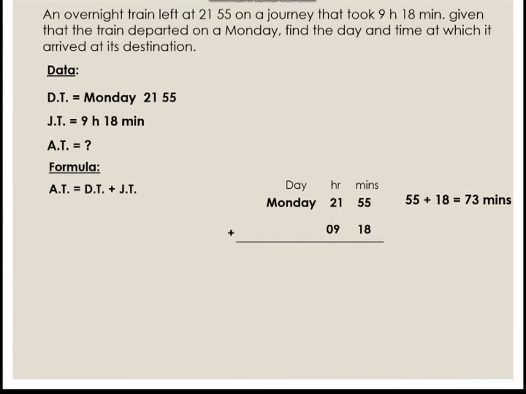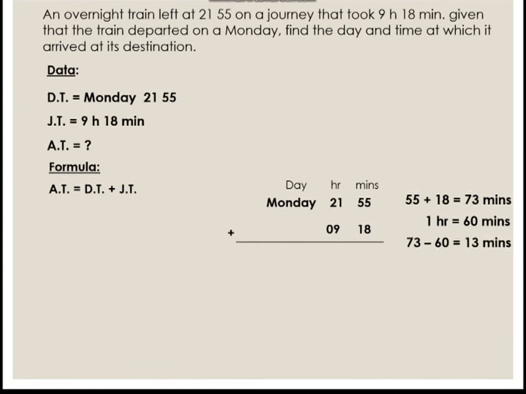I took one whole hour from the 73 minutes, and that one whole hour is going to be given to this 21. So that is going to be 22 hours.